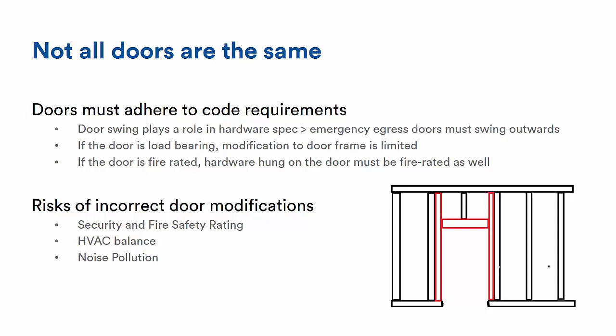Well, you run the risk of affecting security and life and safety rating, as we just talked about, but it can also affect noise pollution and HVAC balance if the door is not perfectly aligned with its frame. In that case, this can cause the door to swing in the wind, as it may never latch, affecting the building's security. It may also affect insurability due to negligence.